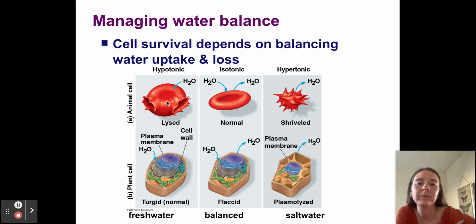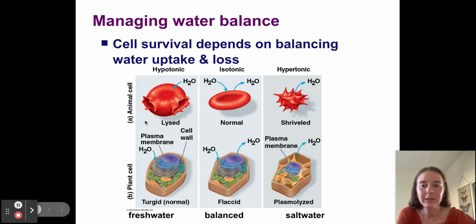This is really important. So let's say you take a red blood cell. And remember, inside the blood cell, there's water. There's also ions and particles and solutes inside. And let's say you put it in a hypotonic solution. Take a moment. What does hypotonic mean? Remember, hypotonic means a higher concentration of water and a lower concentration of solute.